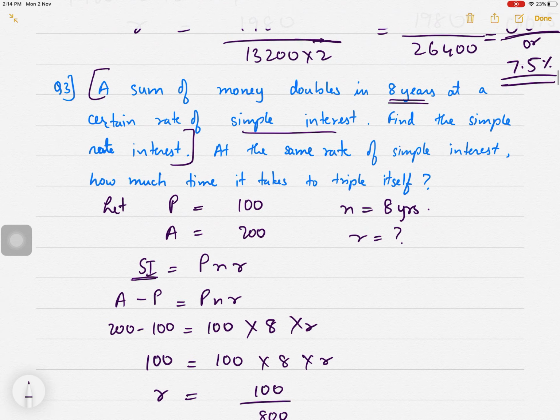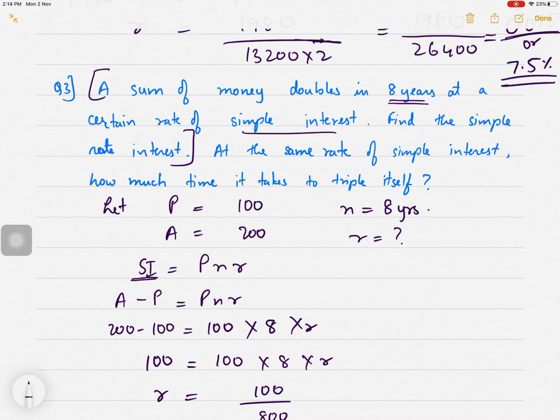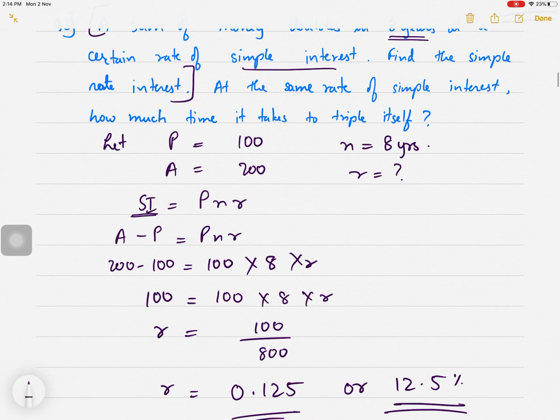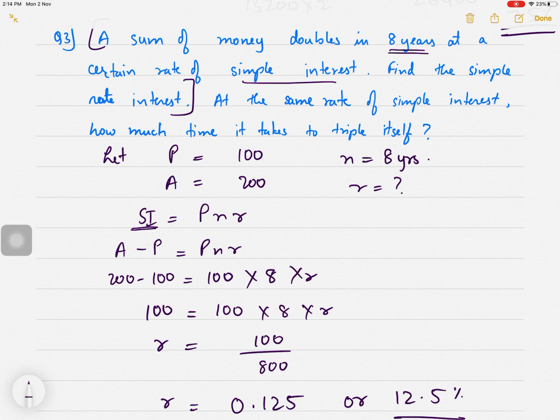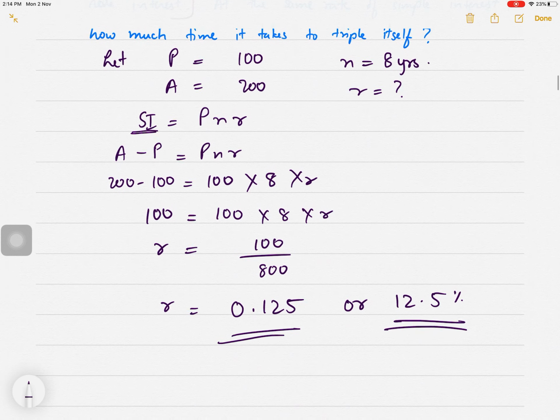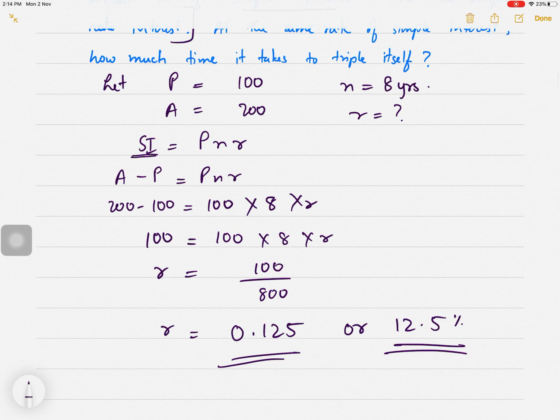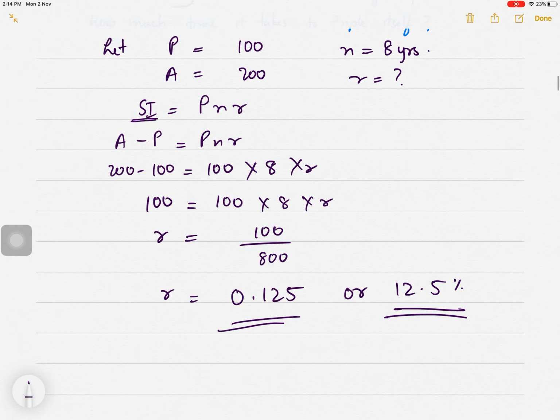Okay. Now, a sum of money doubles in 8 years at a certain rate of simple interest. You are supposed to find out R. So you have found out R is 12.5%. At the same rate of simple interest, now let's see the second part. How much time does it take to triple itself? That means what will be N to triple itself?